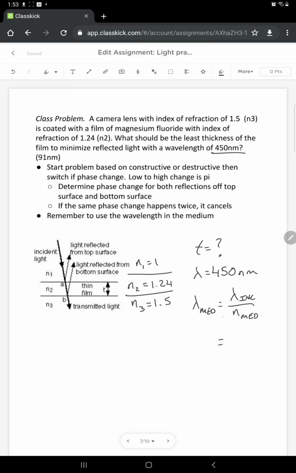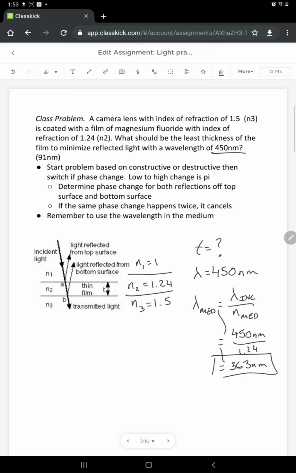So it's 450 nanometers, and we can leave everything in nanometers, divided by 1.24. 450 divided by 1.24, rounding a little bit, is 363 nanometers. So that's the wavelength we want to use to determine the thickness.